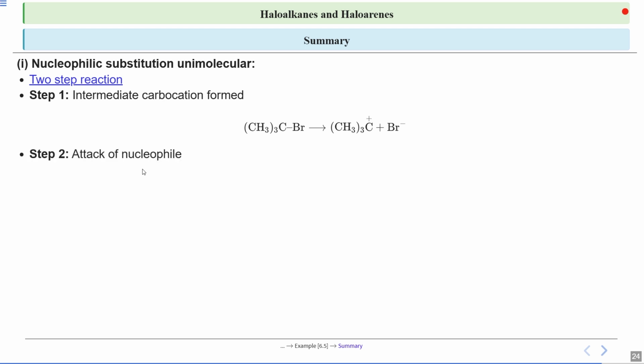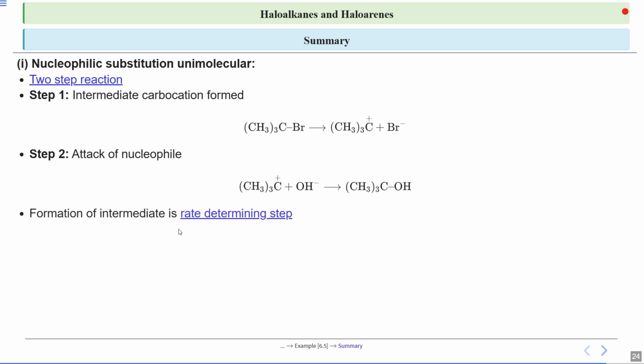Step 2 involves the attack of the nucleophile on the carbocation formed, giving the final product, here an alcohol.